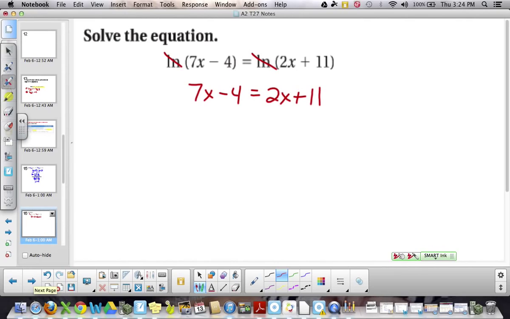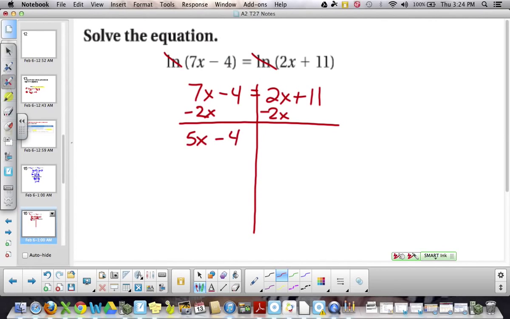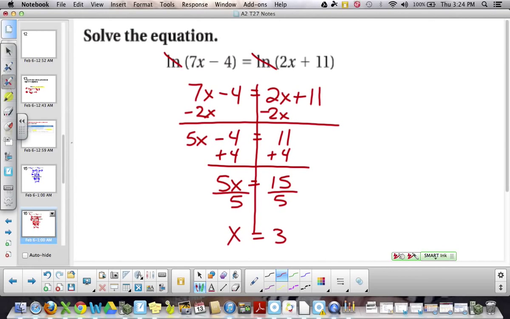Solving that linear equation, I'm going to subtract 2x from both sides, get 5x minus 4 equals 11. Then add 4 to both sides. 5x equals 15. And then divide by 5. And we get a solution of x equals 3.